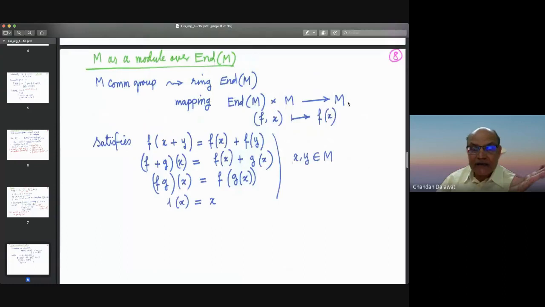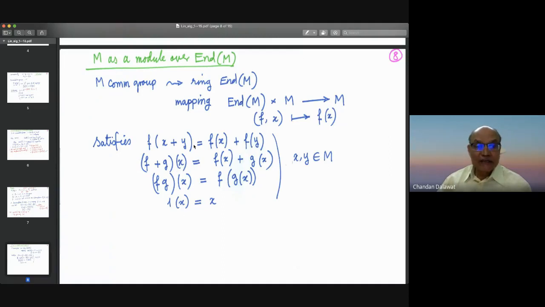that this mapping is, as on the very first slide, what we had called an external law of composition. Here the main set is M, and this auxiliary set, which was called omega on the first slide, is End M here, and we have a mapping from omega cross M to M, omega being this ring. You can easily check that this mapping satisfies these conditions.